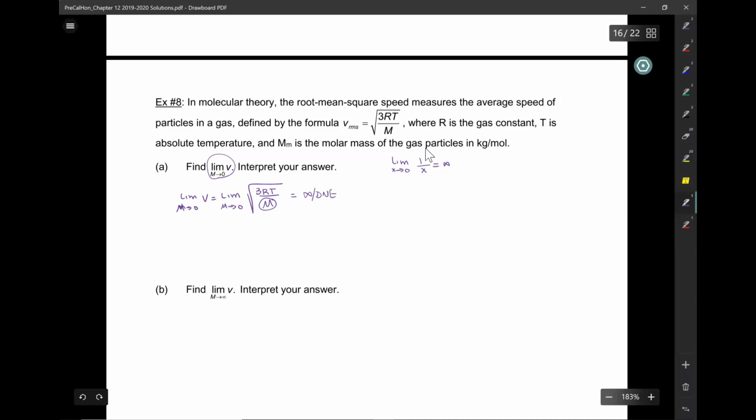Okay, interpret your answer as the mass. So m was the mass. As the mass of the particles approaches 0, the velocity becomes infinitely large.